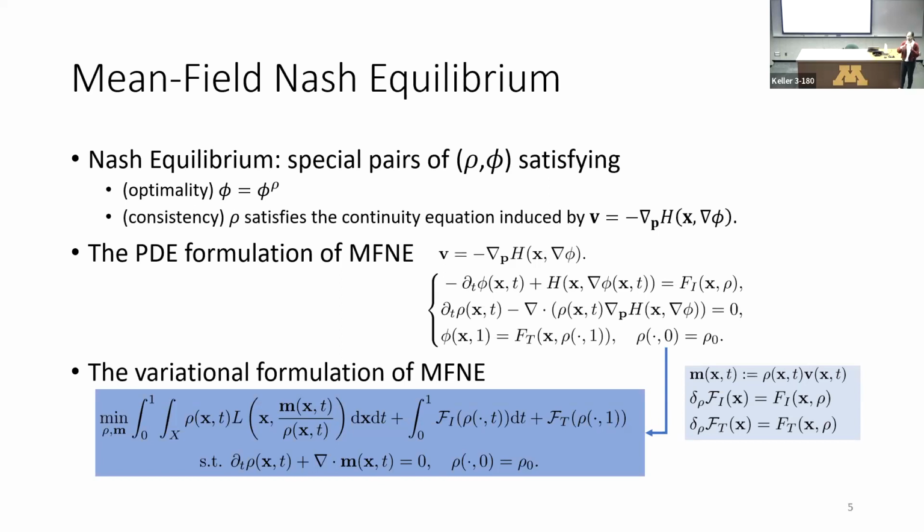We have many different first order methods to solve this kind of problem. And the better thing is, usually this objective is convex in terms of rho and M. So now I have an optimization problem. The objective is convex. The constraint is linear. You cannot find a simpler constrained optimization problem than this.